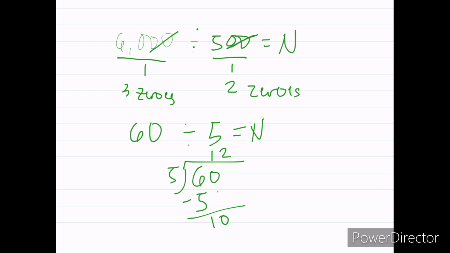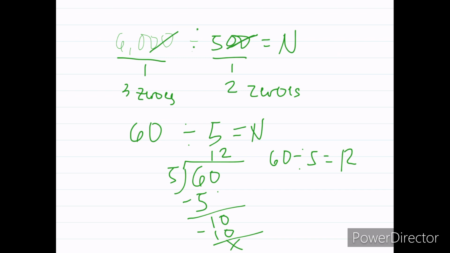We have 2. 2 times 5 is 10. 10 minus 10 is 0. Therefore, 60 divided by 5 is equal to 12. That's the easier and shorter way to solve division problems that have zeros in the divisor and in the dividend.